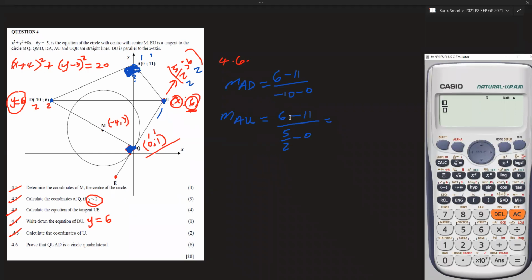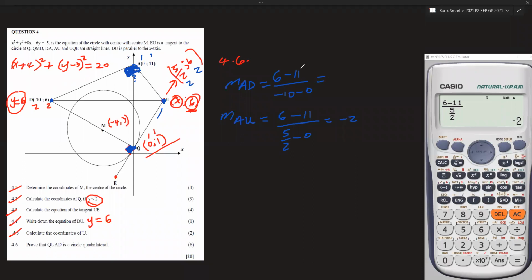So I'm going to start with this one. So it's going to be 6 minus 11 over 5 over 2 minus 0, which I'm not going to write because minus 0 doesn't have any effect. So I'm getting negative 2 for this one.